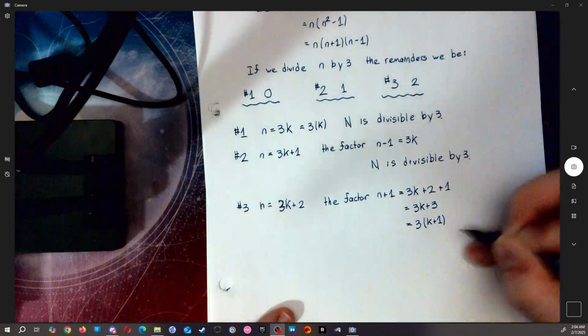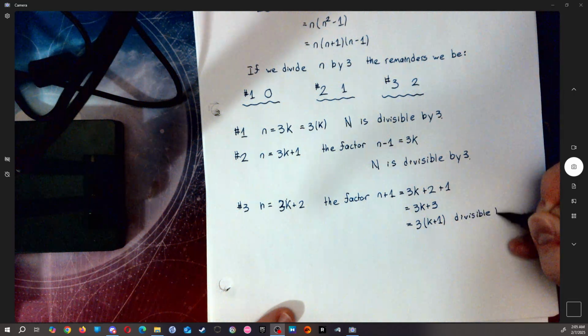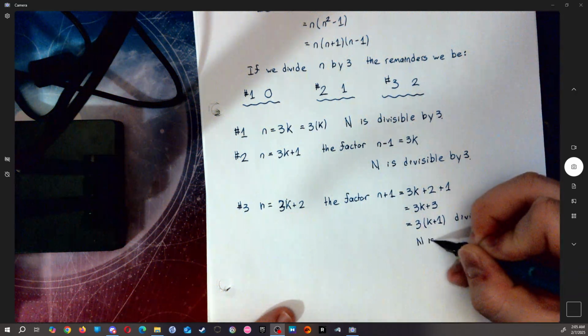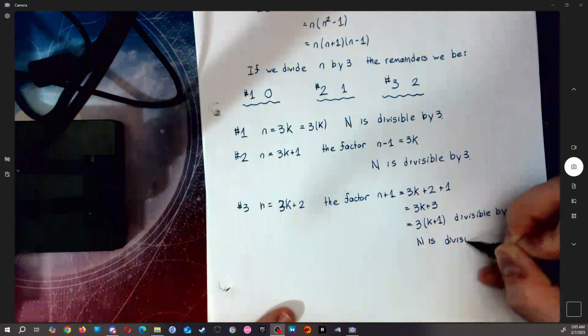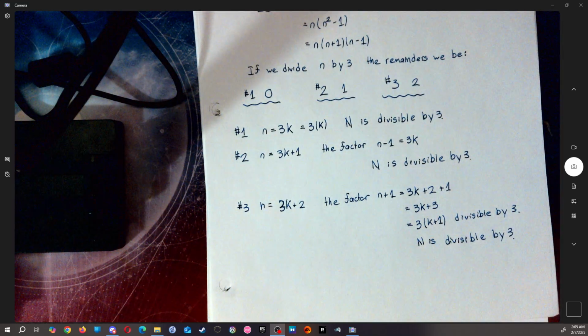So then that means this is divisible by 3. And if this is divisible by 3, then that means big N, our entire expression, is divisible by 3.